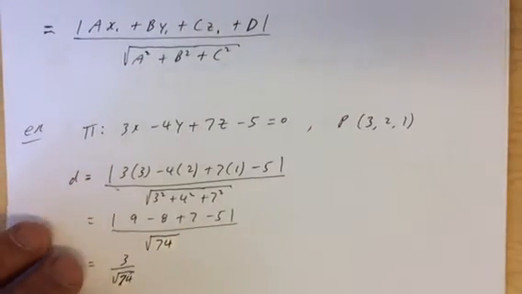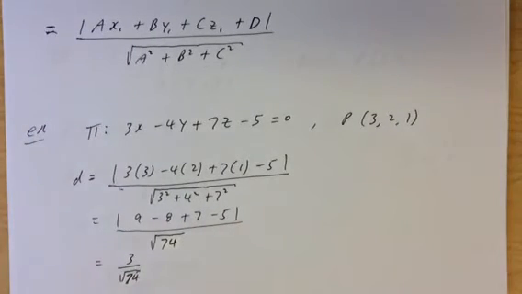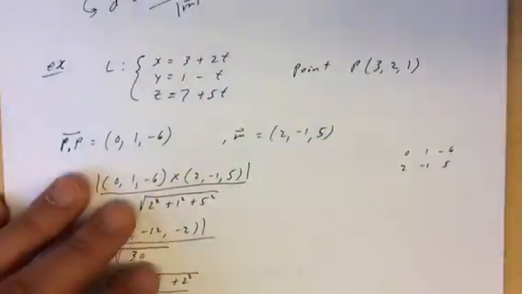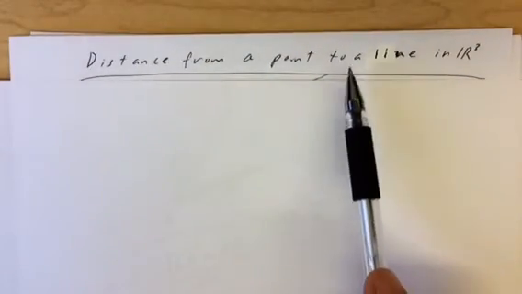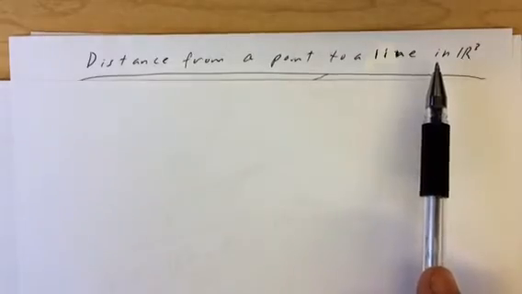So now we've got the distance from a point to a line in 2 dimensions, a point to a plane in 3 dimensions, and now we're going to look at a point to a line in 3 dimensions, which is more complicated. So, distance from a point to a line in R3.